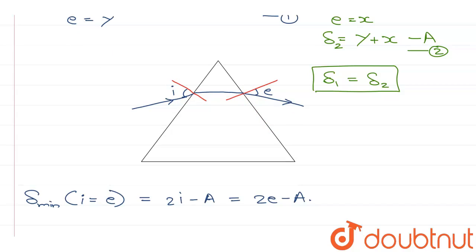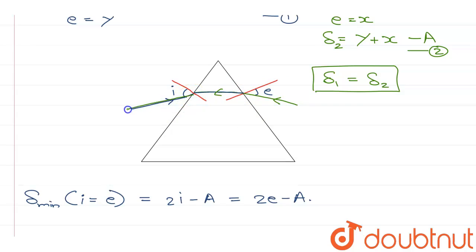Now what the principle of reversibility says is that if I change the direction of this ray, that means if I send this ray with the same angle, that means now the angle of incidence has become the angle of emergence, so it will trace back its original path.